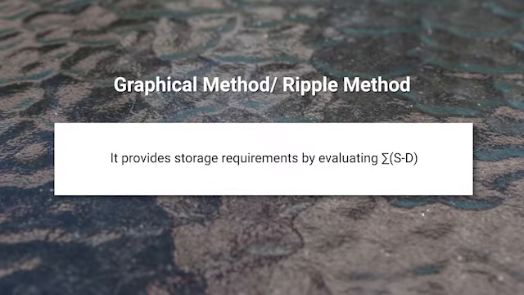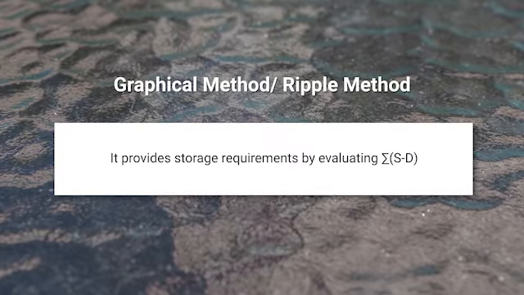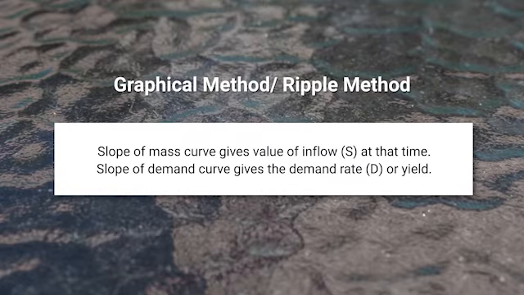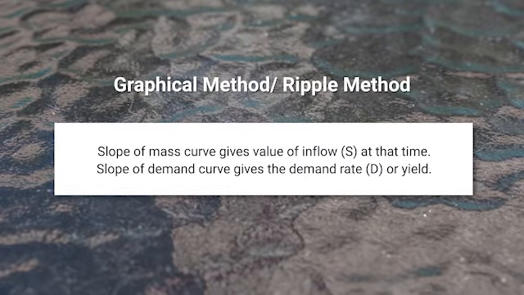It provides the storage requirement by evaluating sigma (S minus D). The slope of the mass curve gives the value of the inflow S at that time. The slope of the demand curve gives the demand rate D or yield.